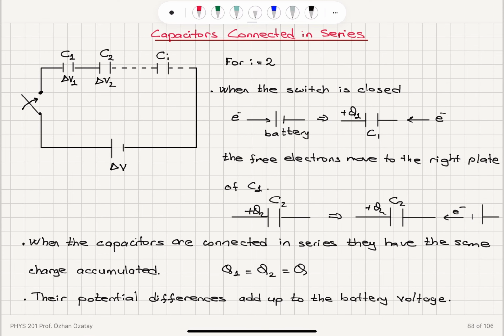Okay, so what have we done here? When we connect capacitors in series, the charge that builds up on each one of the capacitors is equal: Q1 equals Q2 equals all the way up to Qi equals Q, and their potential differences, delta V1, delta V2, all the way up to delta Vi, should add up to delta V, the potential difference between the terminals of the battery.